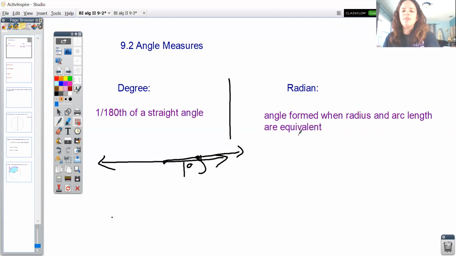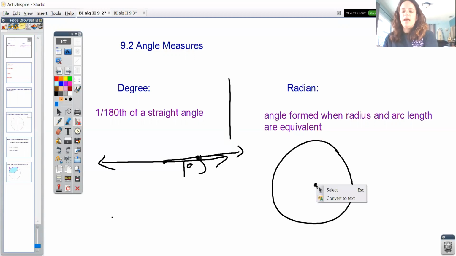So the definition of a radian is the angle swept out if I take a circle and I make the radius and the arc length equivalent. So here's the radius of my circle. If I draw an equivalent length, that looks about right. And this arc length is curved, right? So we're not calculating the straight distance length. That's a curved length.